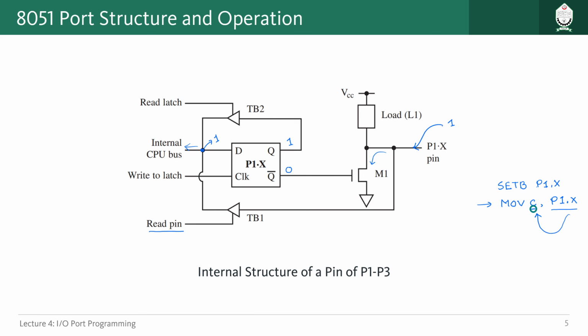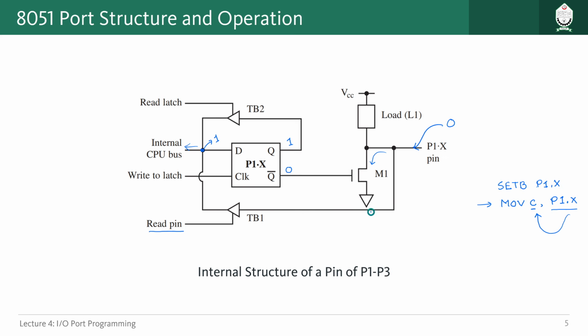The same thing can be said if we have given logic 0 externally. If this is 0, then what will happen? This path is still off, so nothing will come from here. Because we have a pull-up resistor here, this 5 volt or VCC and this logic 0 will not cause any issue because of this resistor. A very minuscule amount of voltage will be dropped here, that is true, but that will not affect anything because of this tri-state buffer.